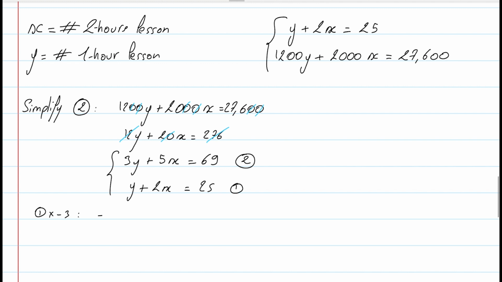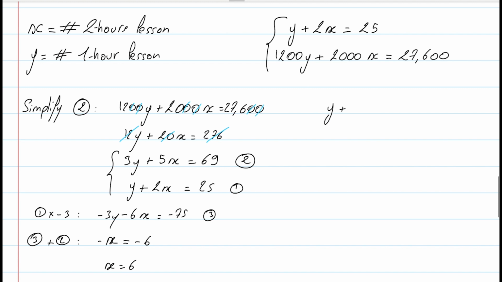Here I solve by elimination. I multiply my first equation by negative 3, which gives me negative 3y minus 6x equals negative 75. Then I add both of my equations together, which gives me negative x equals negative 6. I multiply by negative 1 to get positive x equals 6.